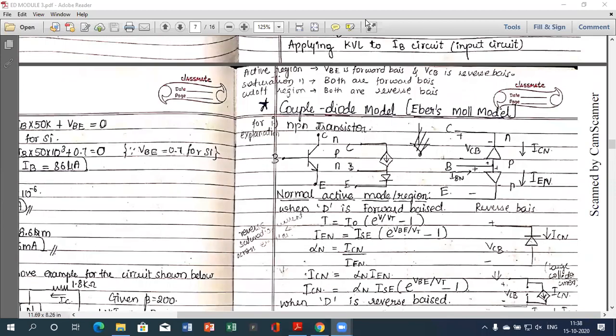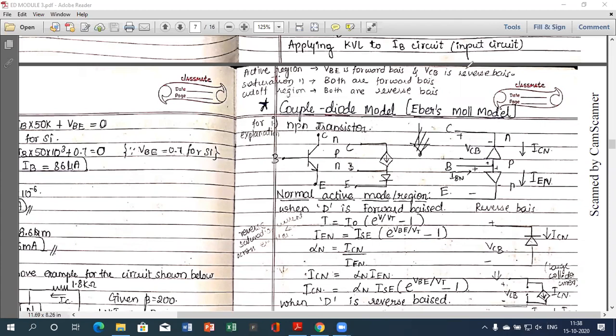This is the rough work which we have done before understanding this coupled diode model. First we will concentrate on how a simple NPN or PNP transistor is replaced by two diodes and current sources. So I will start right now.